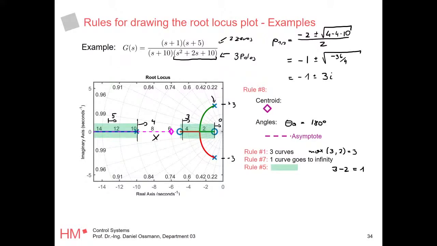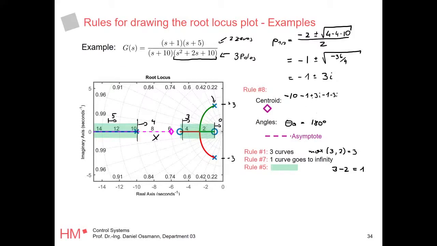Okay, now let's compute the centroid here. For the centroid, we again need to add up all the poles, right? First one, minus 10, and then it's going to be minus 1 plus 3i, minus 1 minus 3i.